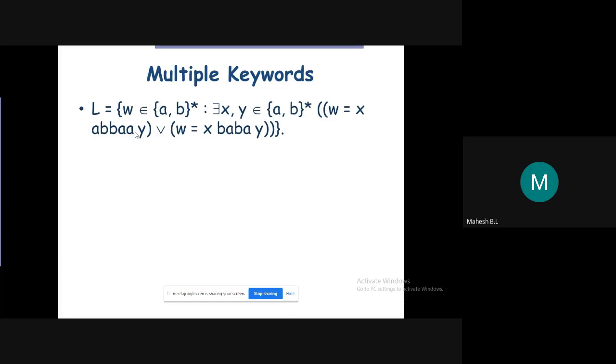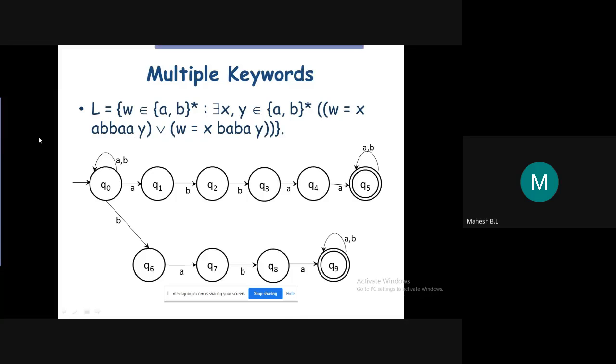So this is the NDFSM. There are two paths. One corresponds to the substring abbaa and another corresponds to the substring baba. And you know that substring means it can be anywhere, either in the middle, at the beginning or at the end.